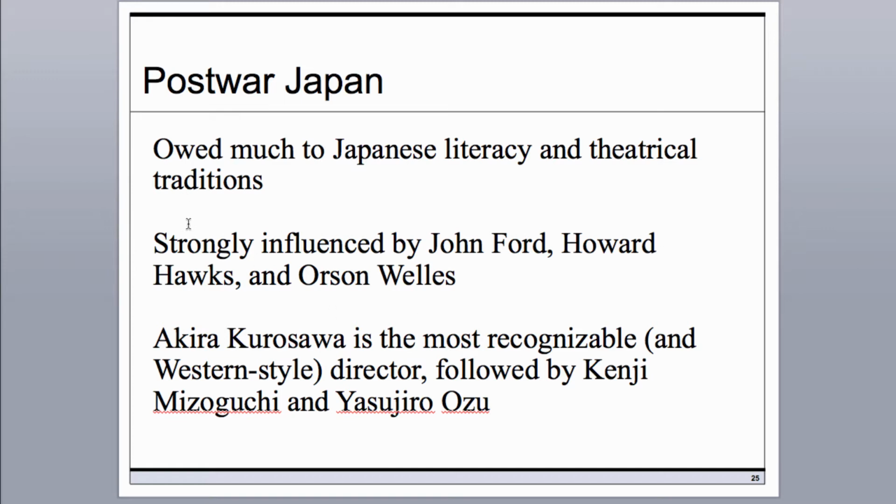At first, Japanese film is influenced by great directors in the U.S. like John Ford, Howard Hawks, and Orson Welles. But then with the coming of Akira Kurosawa, he uses their topics for movies, and we in the United States start taking their storylines and developing them for our Western films.